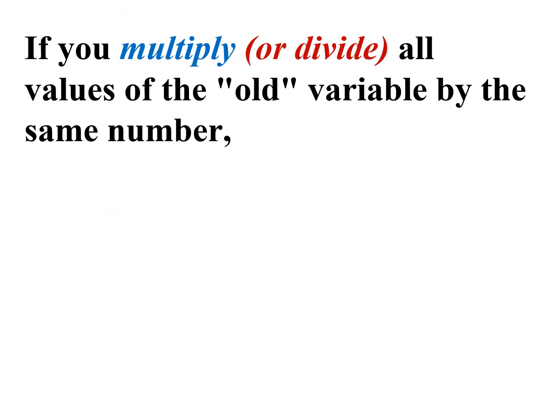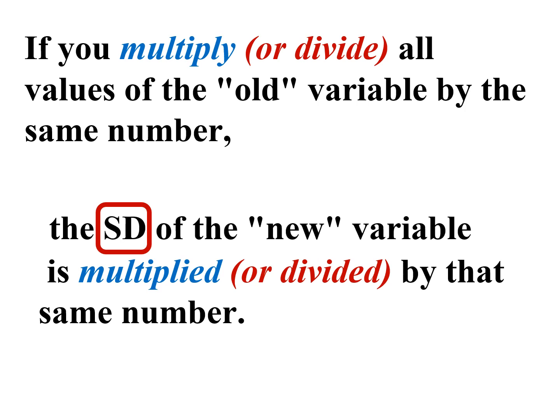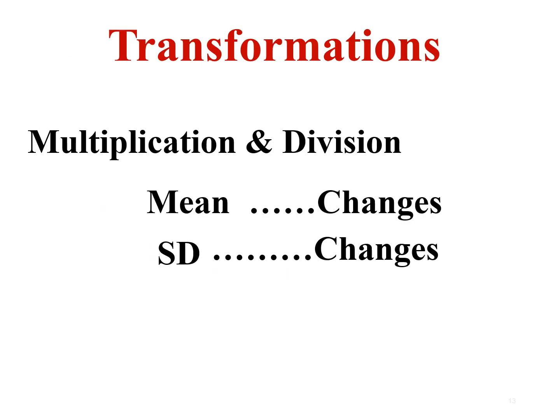We learned that if you multiply or divide all values of the old variable by the same number, the mean of the new variable is multiplied or divided by that same number, and the standard deviation of the new variable is also multiplied or divided by the same number. So, when a transformation involves multiplication or division, the mean changes and so does the standard deviation.